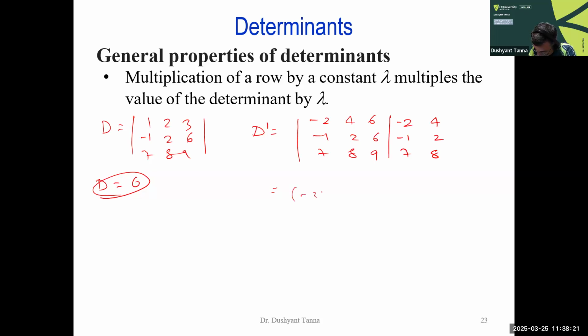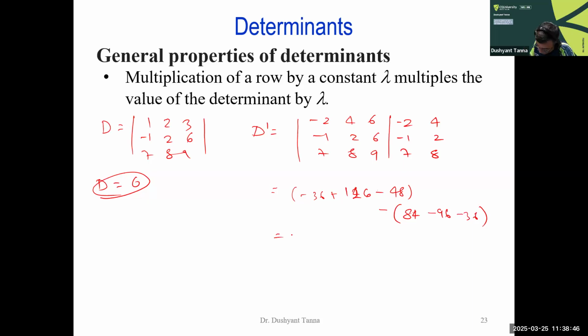So minus 36 plus 126 minus 48 minus 84, 96, and 36.